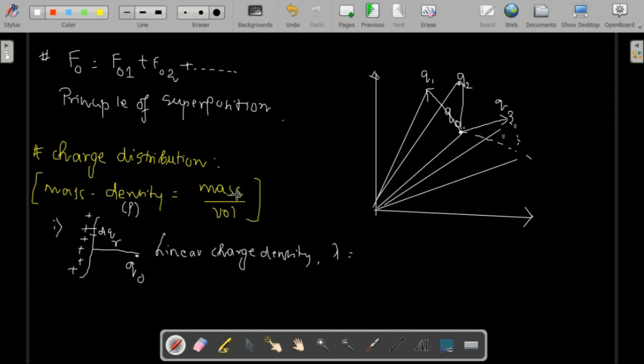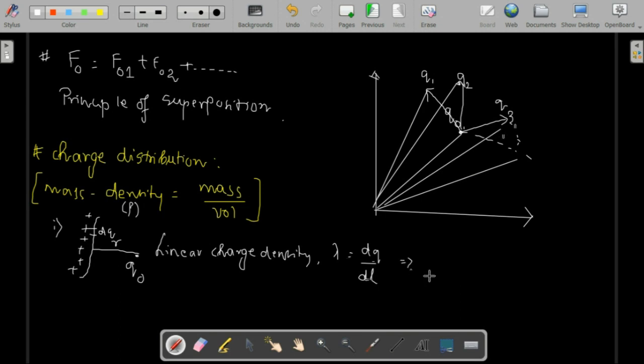We're talking about charge here, so what is the charge we're taking? A very small charge dq divided by, since it's linear, we're talking only about one-dimensional space, so length. So linear charge density is charge per unit length. This is the charge density of this small element. Now if this is uniformly distributed, then for any region, the charge density will always remain lambda.